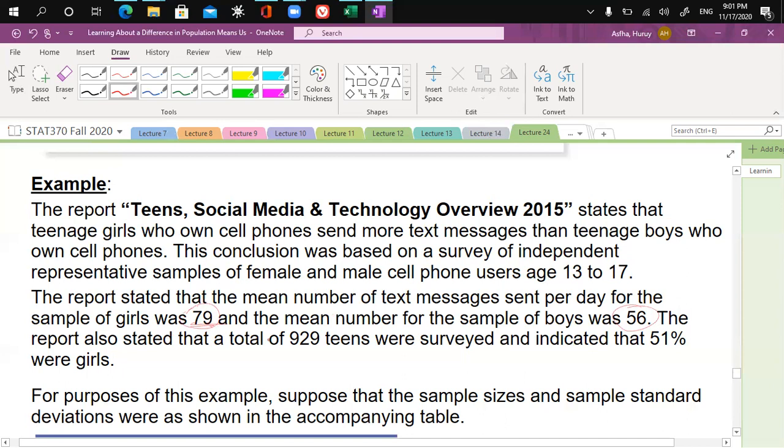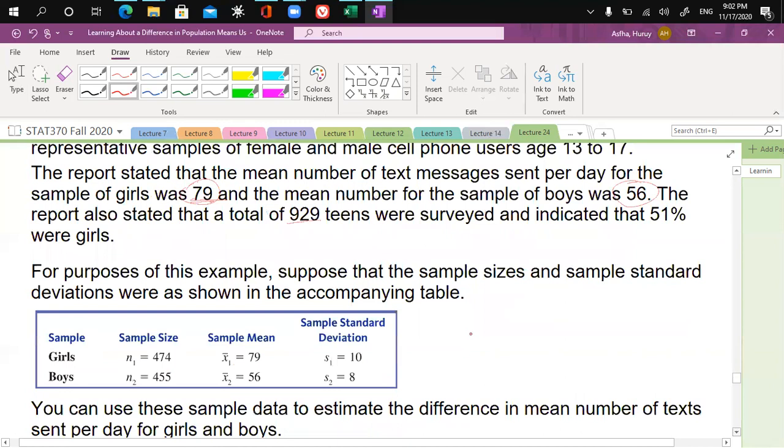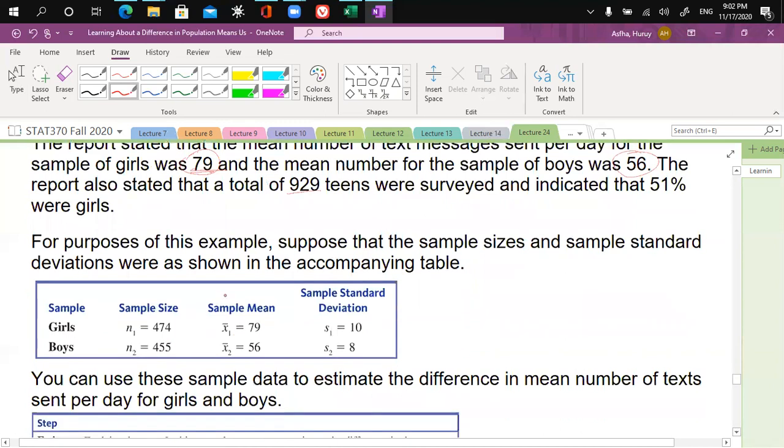The report also states that a total of 929 teens were surveyed and indicates that 51 percent were girls. So we need to find 51% of this one. To make it easy, we already have the data here, but just to give you an idea how we find it, here we have x bar 1 and x bar 2, s1 and s2, and n1 and n2.